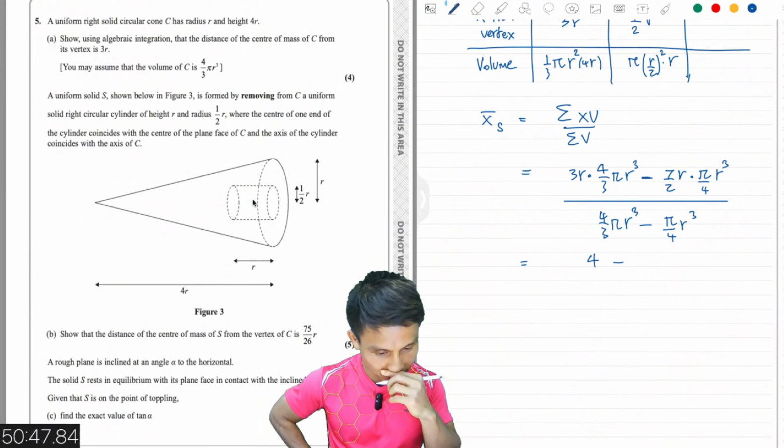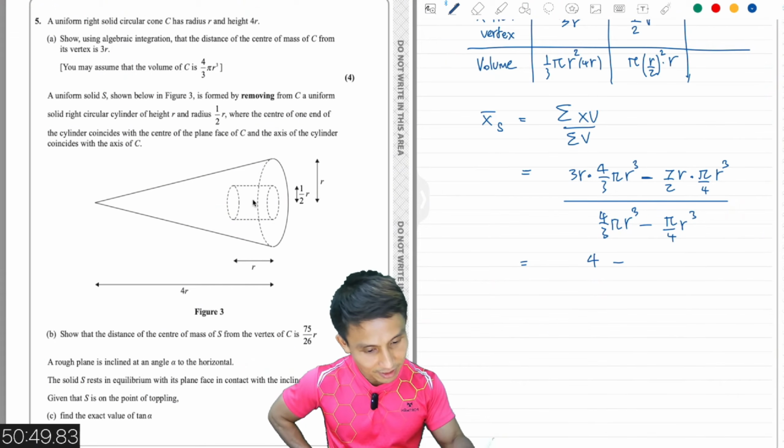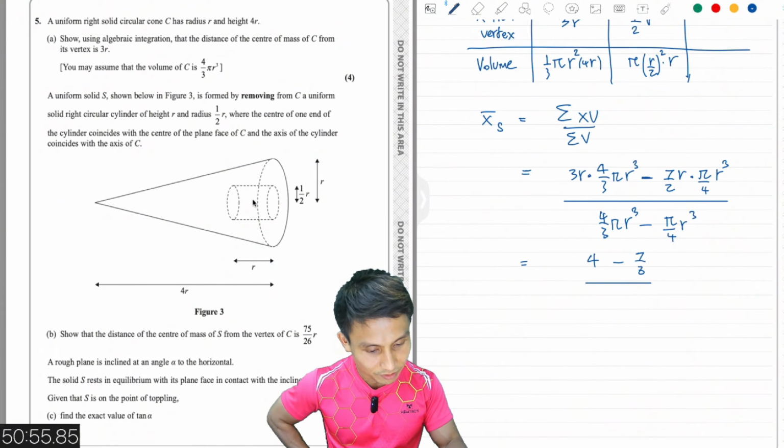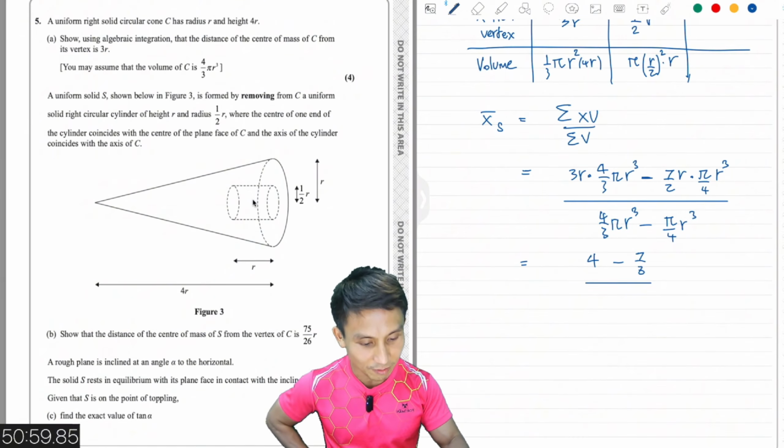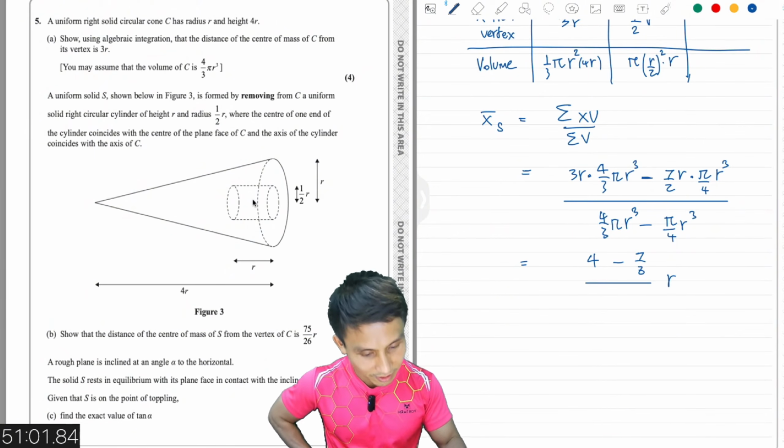Minus, right? I'm just gonna look at the number there. And this will be just what? 7 over 8. Yeah, and this is divided by, because the pi's go away, 3 of the r's go away, I'm gonna have an r here, right? And then the bottom bit will just be 3 over 4 minus 1 over 4, right?